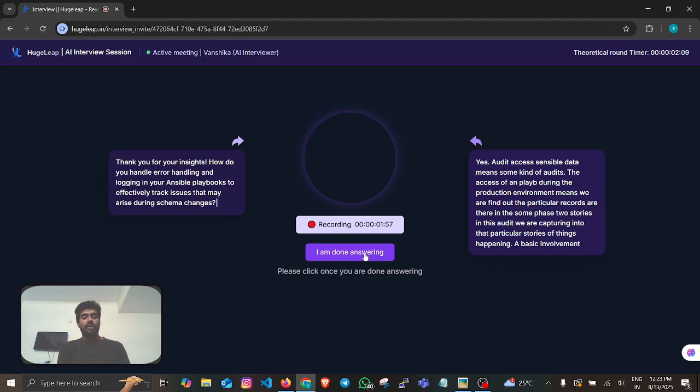Handling logging in the Ansible playbooks to effectively track issues during schema changes: we have a backend logging process for the Ansible playbooks in YAML format, running the playbooks in the environment.